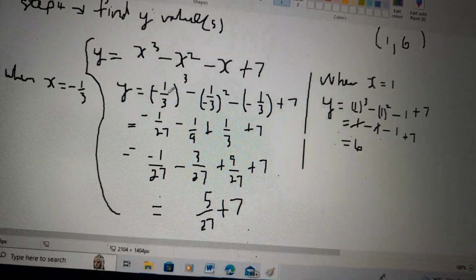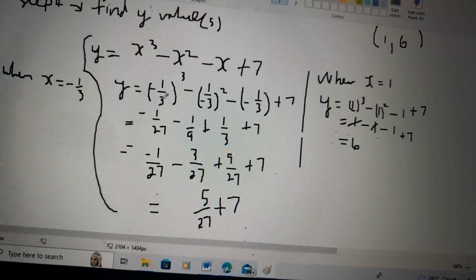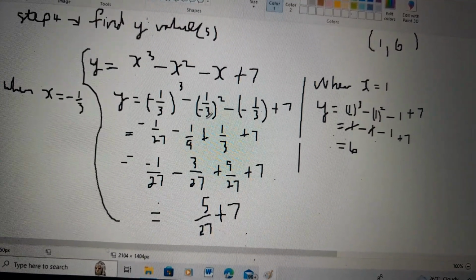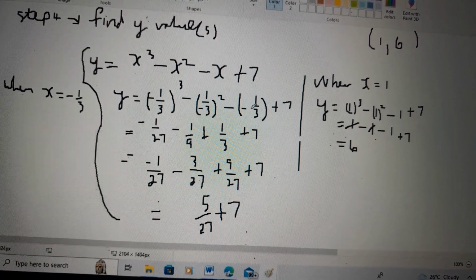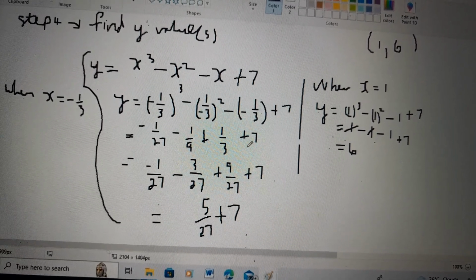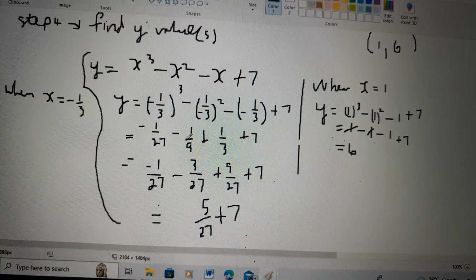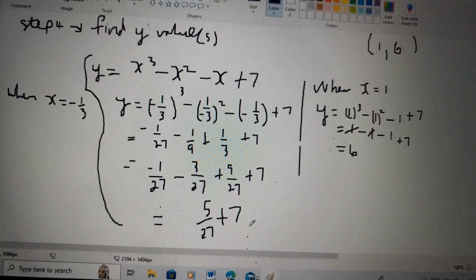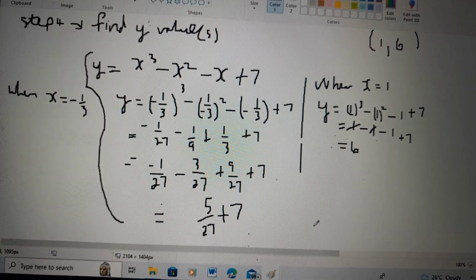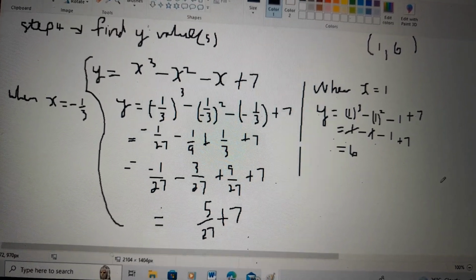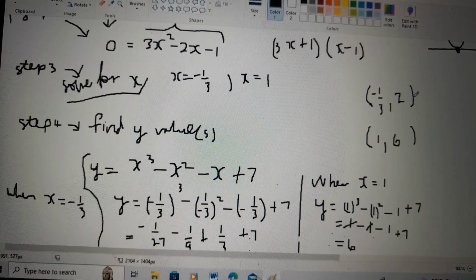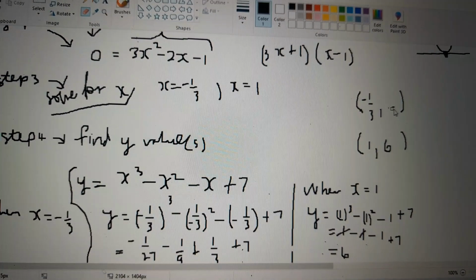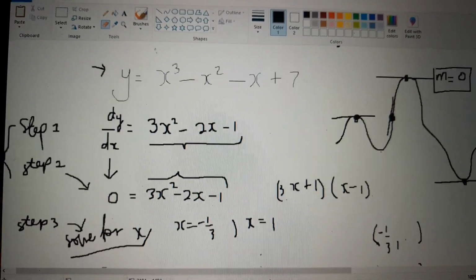Negative 1/3. Yes, 3 nines 27. That's 3 times 3 is 9, negative 9. Negative by negative is a positive. So Nandrani, you check back your work, eh?